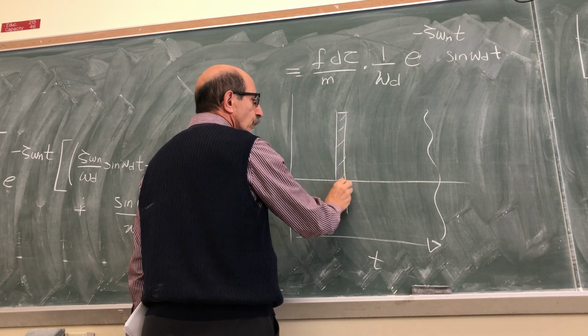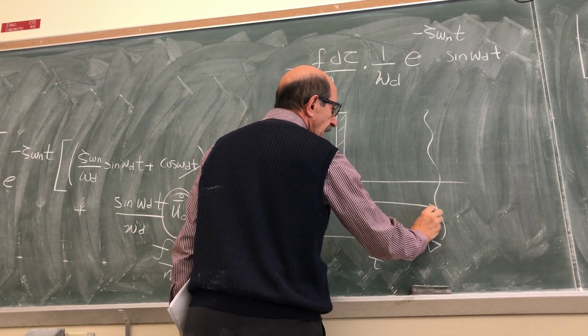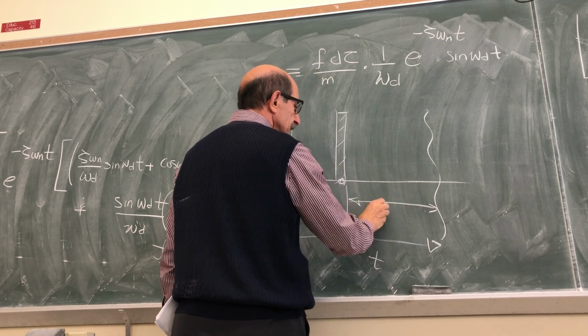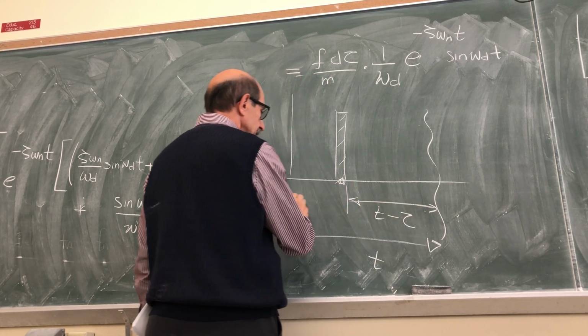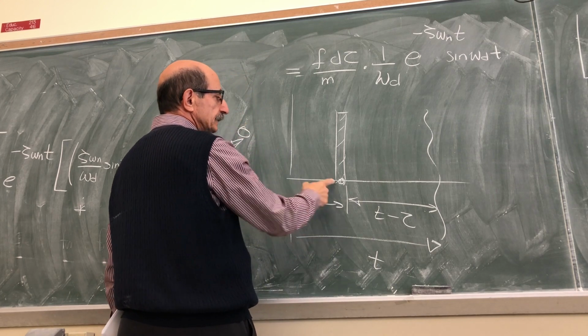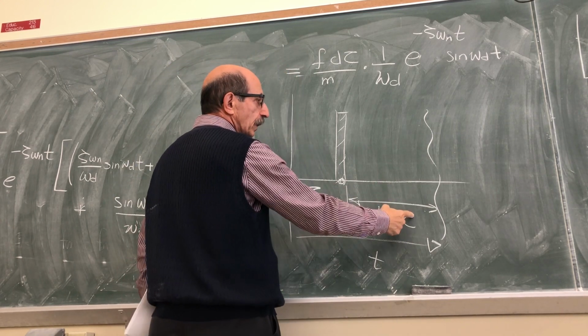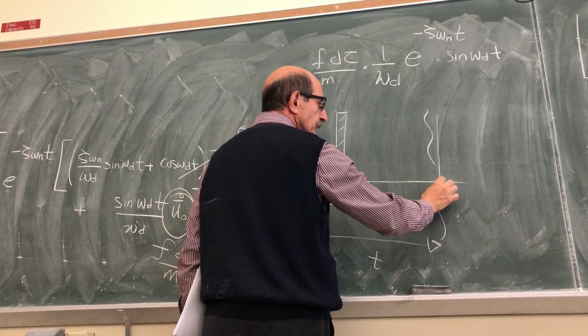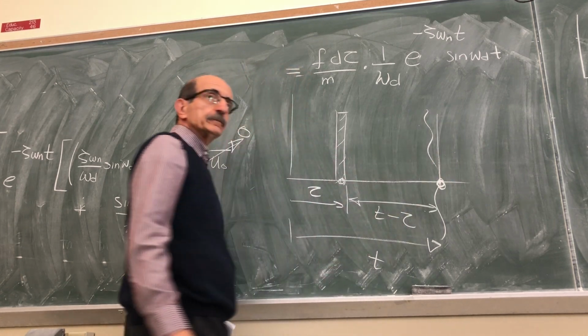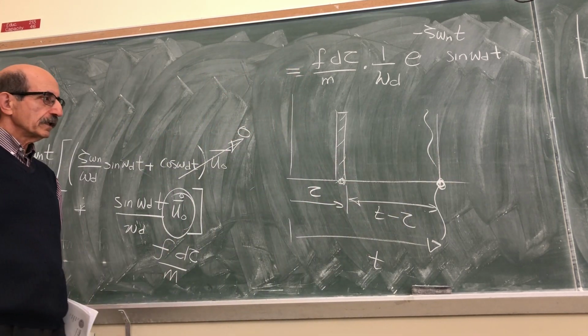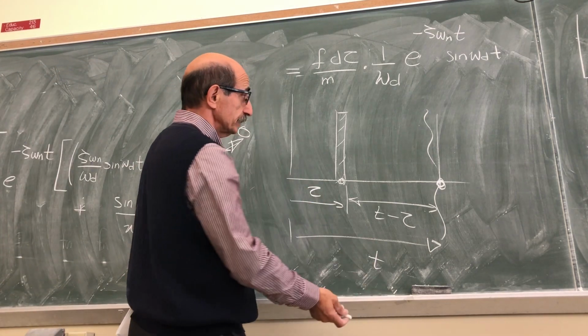We want to look at the response at any point t minus that moment that this impulse was applied. So this is what we are interested in. We want to find the response at that particular point, which is a general point, obviously.